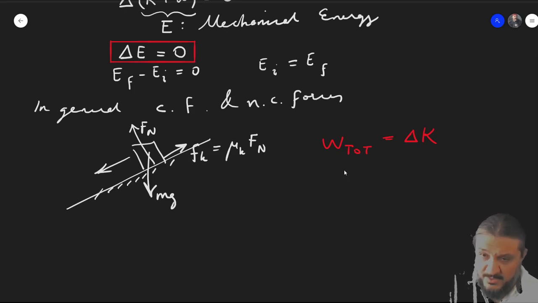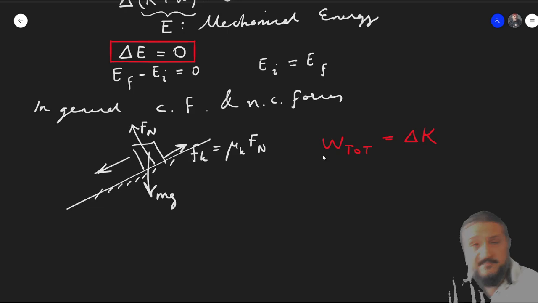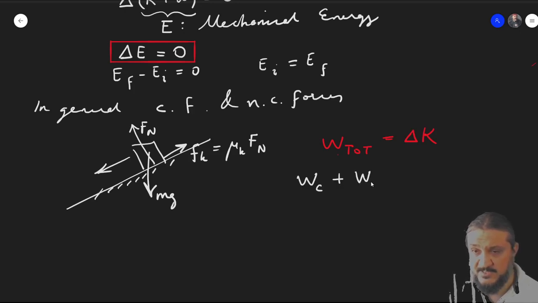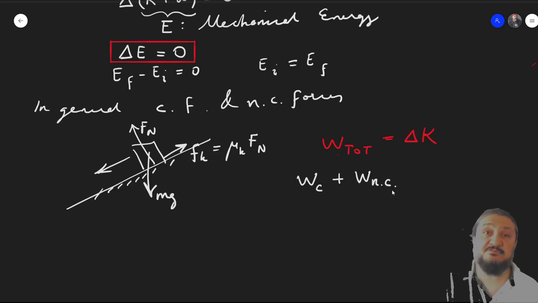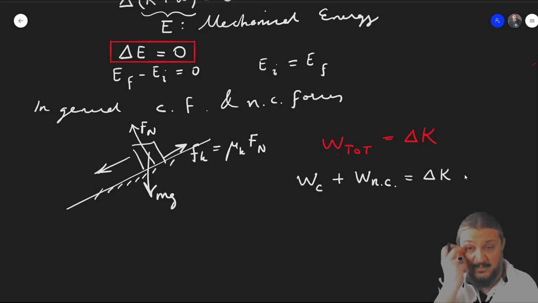But this total work is the sum of individual terms, and some of them are due to conservative forces and some of them are due to non-conservative forces. So why don't I express this thing on the left hand side as the sum of two terms, work done by conservative forces plus work done by non-conservative forces. This could be gravity or spring, and non-conservative is pretty much friction. Okay, but that is still equal to delta K.